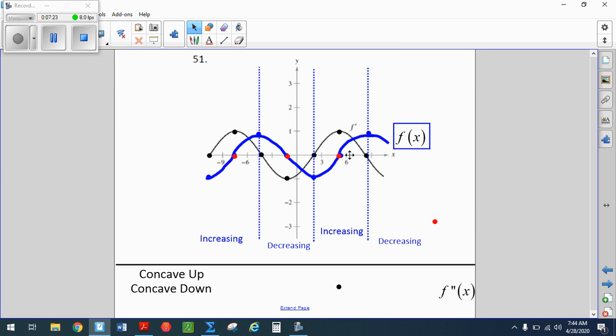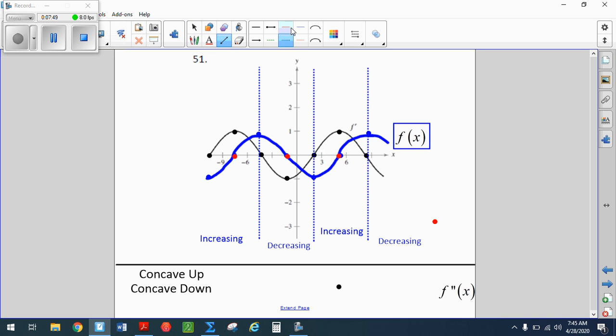So for example, figure out where to start. My derivative graph is increasing from the point all the way to the left to that first relative max. So it's increasing from there to there.